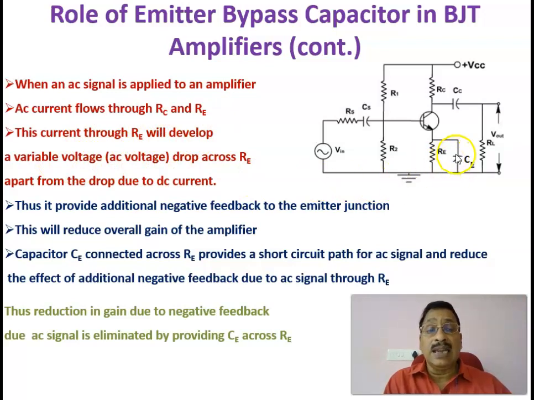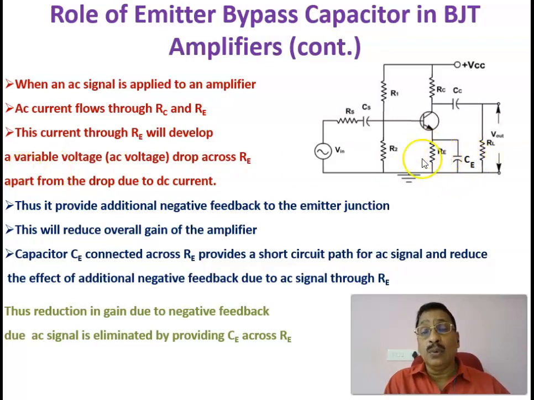Due to the AC current through RE, there will be a variable voltage drop across RE, apart from the voltage drop due to the DC current. This IE consists of capital IE plus small ie, because capital IE means the DC part of the current and small ie is the AC part of the current due to the input signal. Therefore, there will be a total drop due to the DC current plus the AC current, in the absence of CE.